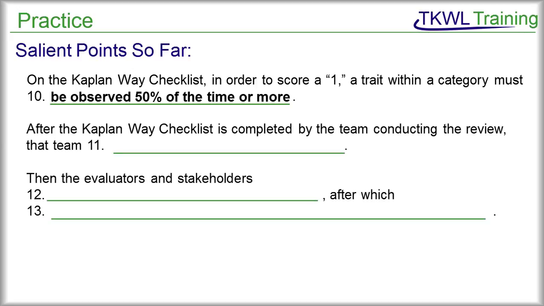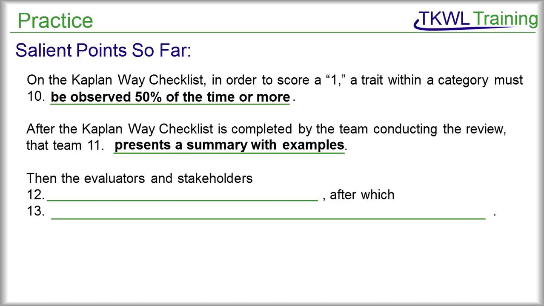After the Kaplan-Way checklist is completed, we do a few different things. First, a summary is presented with examples and a filled-out checklist. Remember, that includes the snapshots of pros and cons and that PowerPoint presentation delivered to stakeholders.